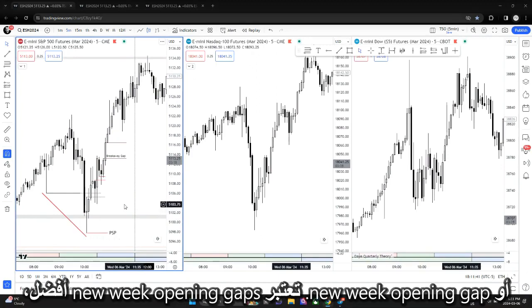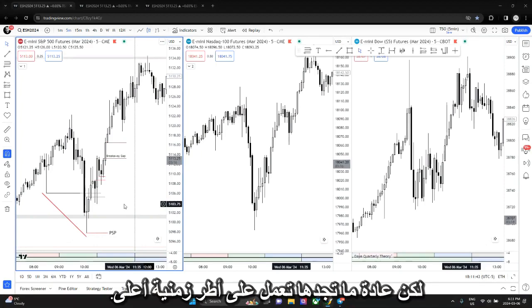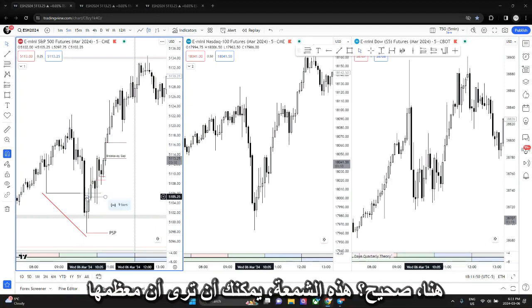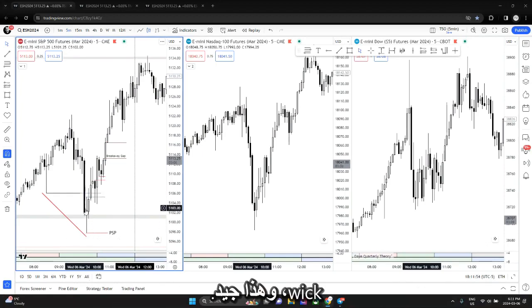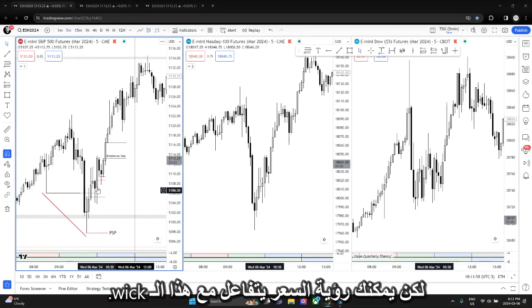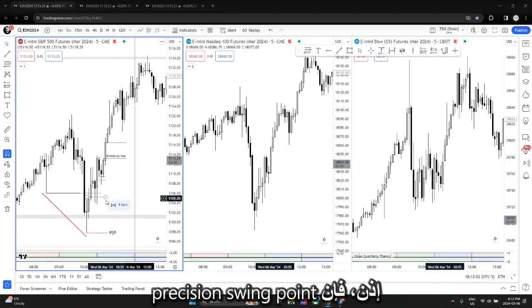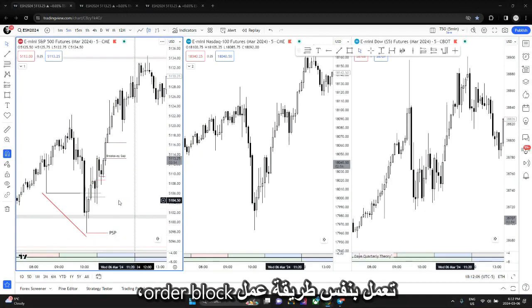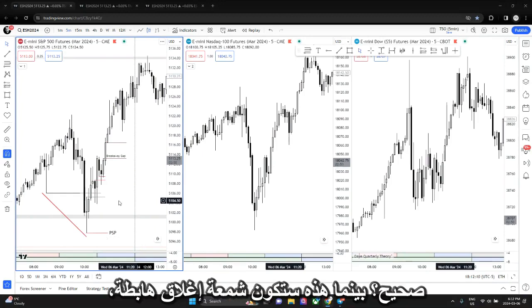New week opening gaps are better, but usually you find those working on higher time frames. Right here, this candle, you can see it's mostly wick. This is good. This is not an order block that you're seeing right now, but you can see price reacting to this wick. So the precision swing point functions as how an order block should function.